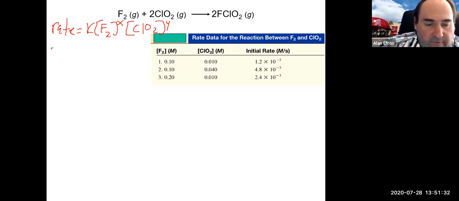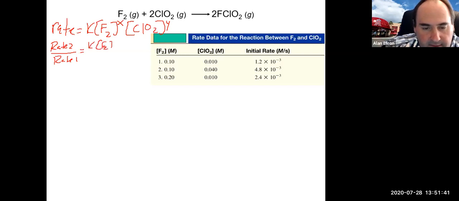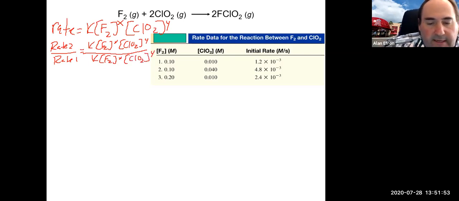So we could use that formula where we saw rate 2 over rate 1 equals K times [F2] to the X times [ClO2] to the Y, over K times [F2] to the X times [ClO2] to the Y. Here, we want to choose two entries where one of the concentrations remains constant and the other one varies.